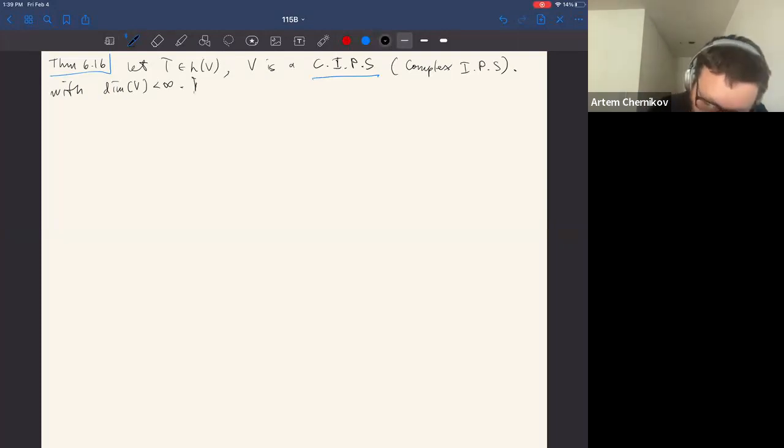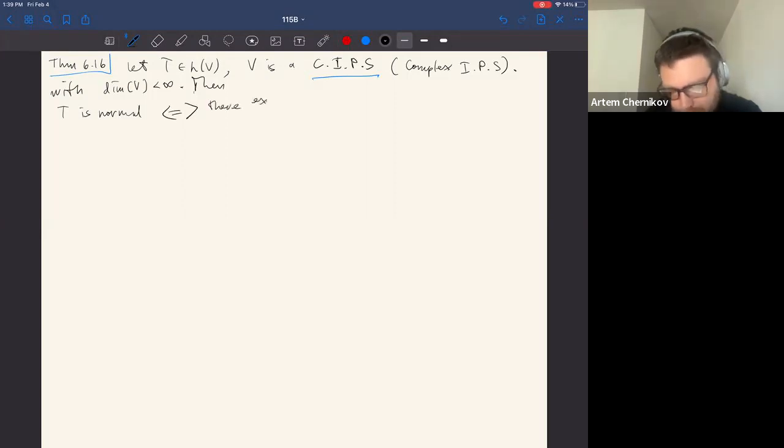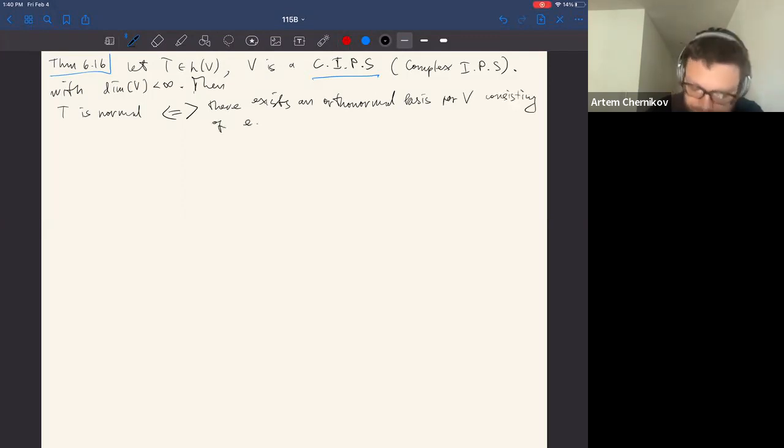In this case, we can show that T is normal if and only if there exists an orthonormal basis for V consisting of eigenvectors for T. Okay, so we get the desired equivalence here in the case of complex inner product spaces.